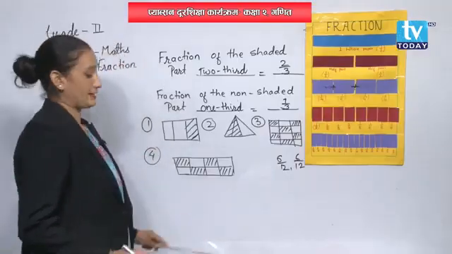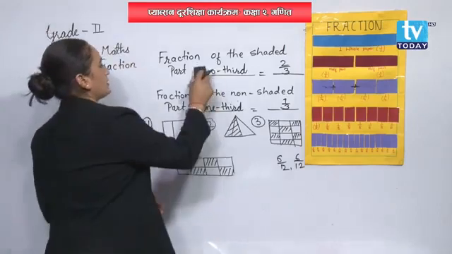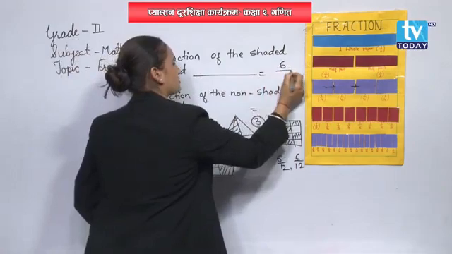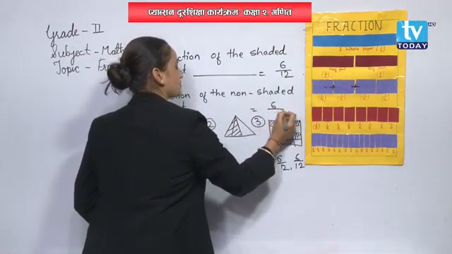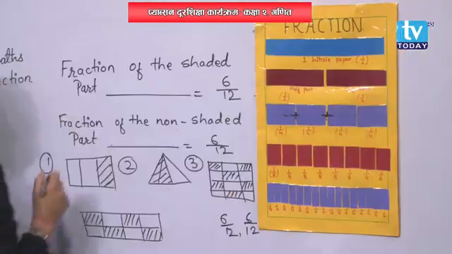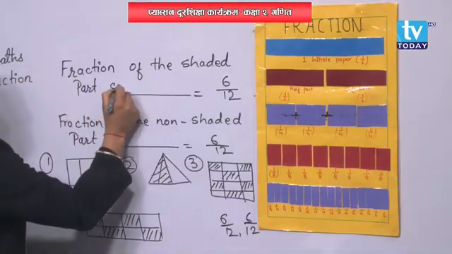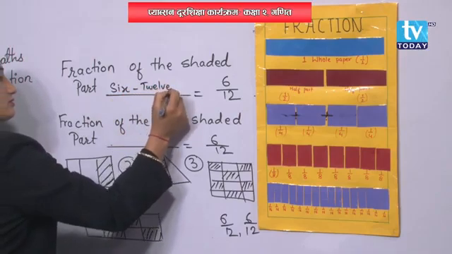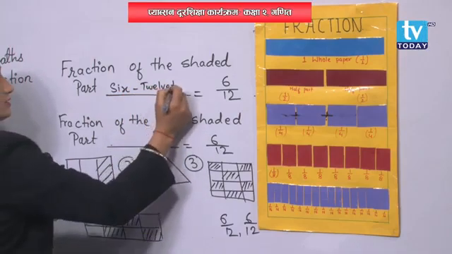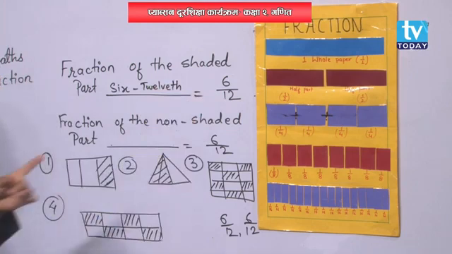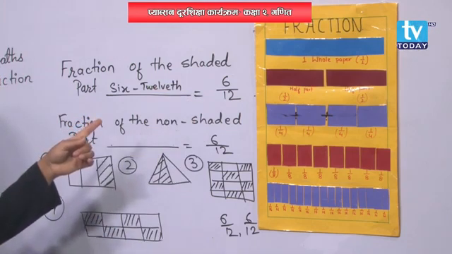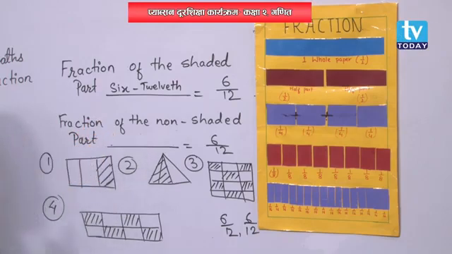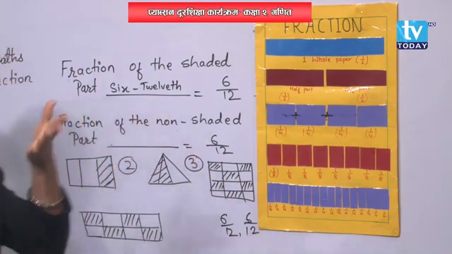Same, like how to write in words. 6 by 12. So right here, 6 by 12 parts are shaded and 6 by 12 parts are non-shaded. So write down here 6 by 12.